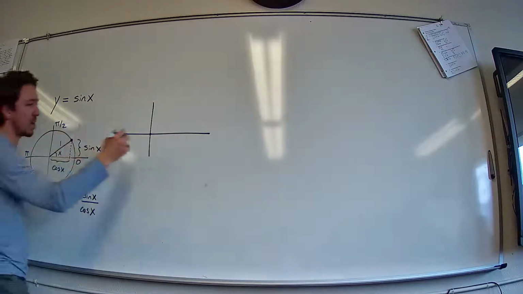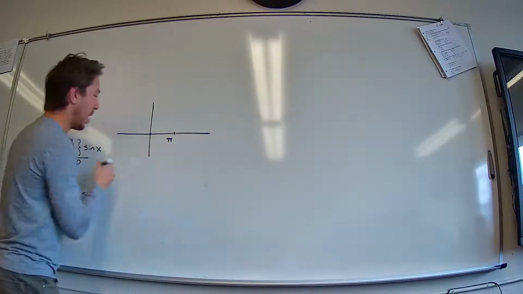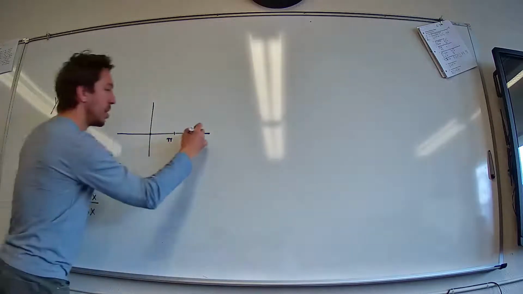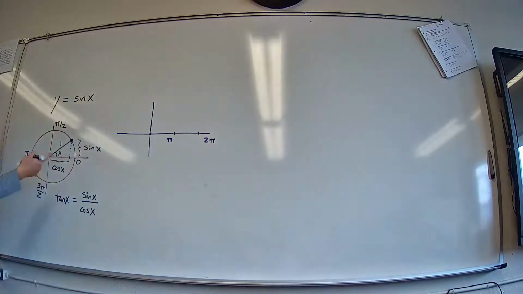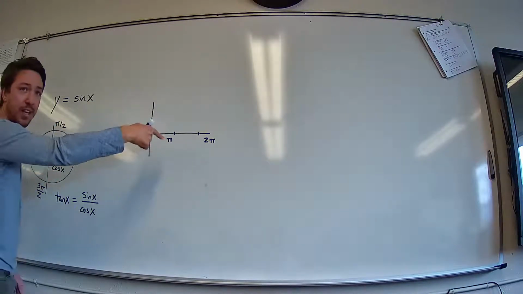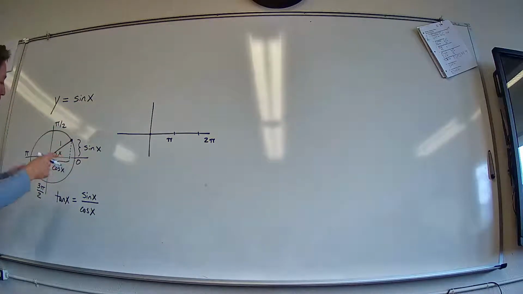When you hit pi, and then again when you hit 2 pi. Then you see that it's periodic, meaning once you go full circle, it's going to do the same thing again.